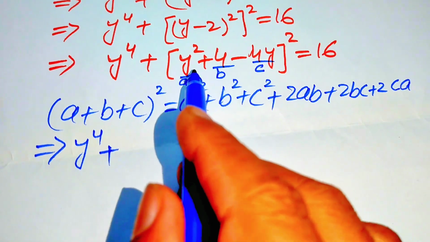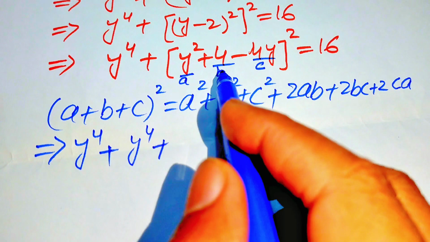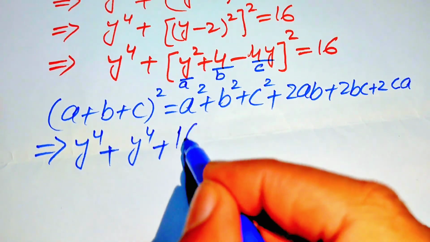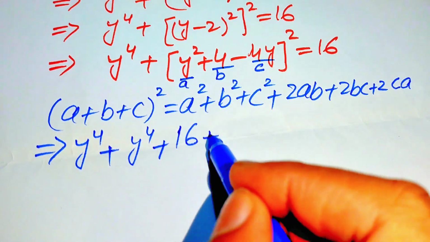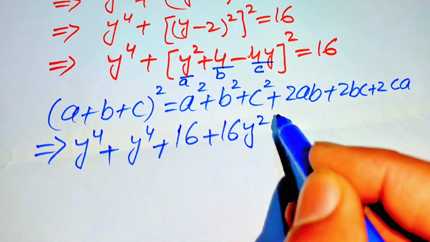So here we open this formula, and it becomes y^4 plus we have b^2, so our b is 4 and 4^2 is 16, and we have c^2, so our c is 4y, so the square of 4y is 16y^2.